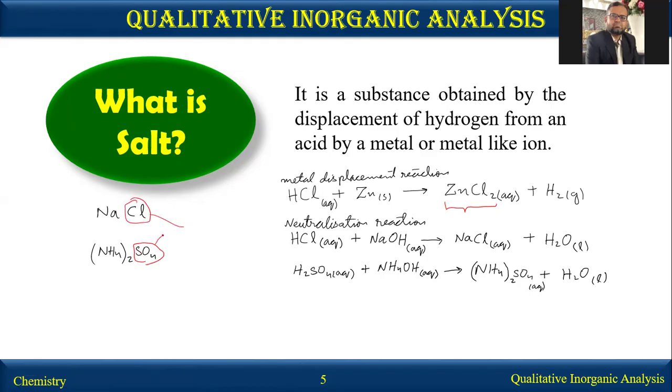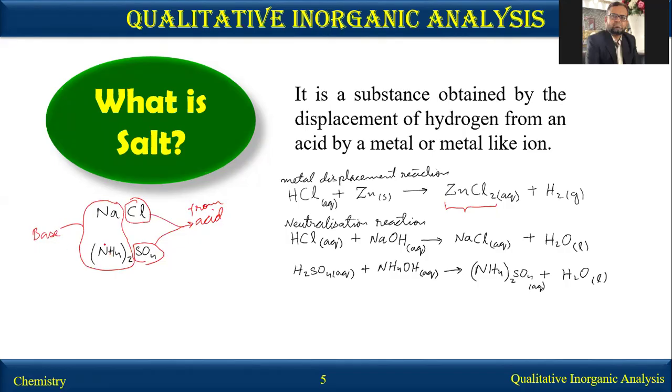In acid-base reaction, these negative ions came from acid, while the positive ions came from base.